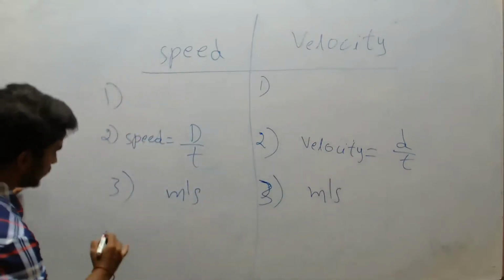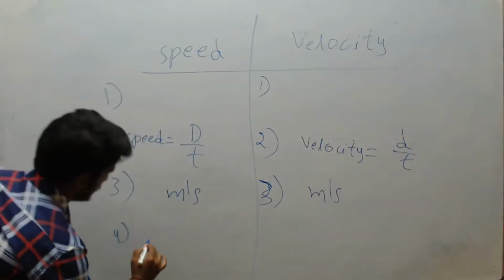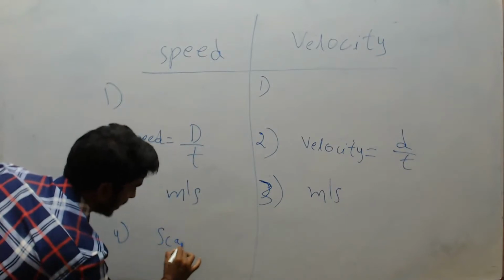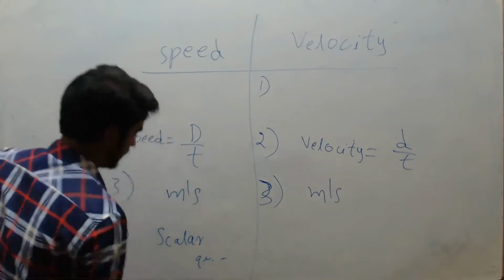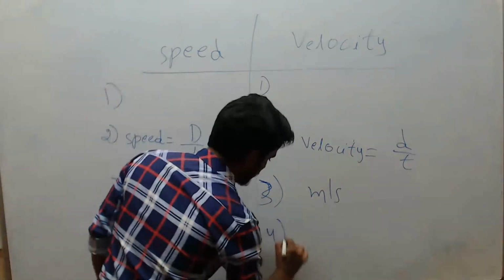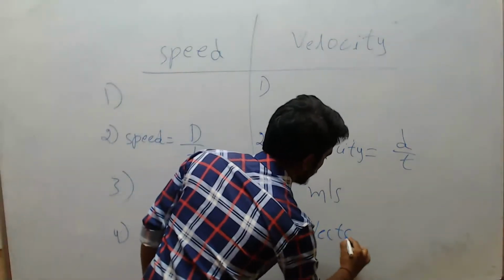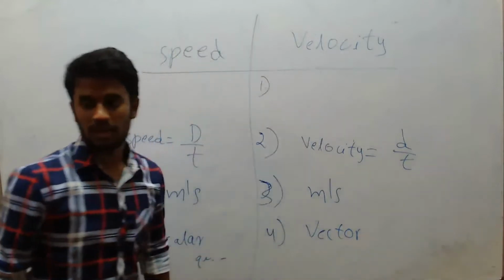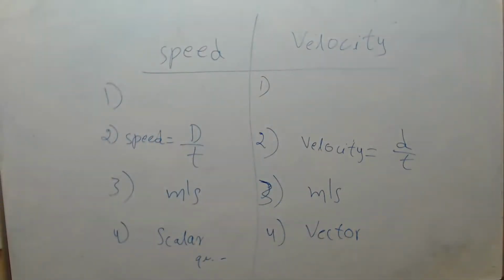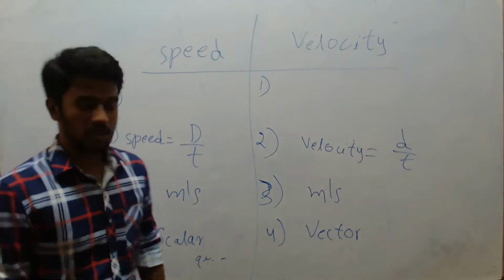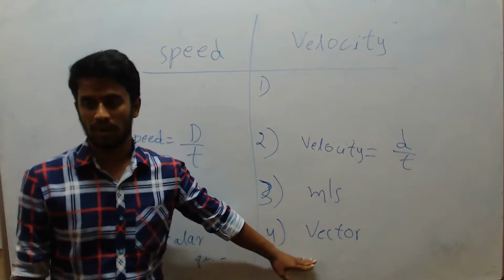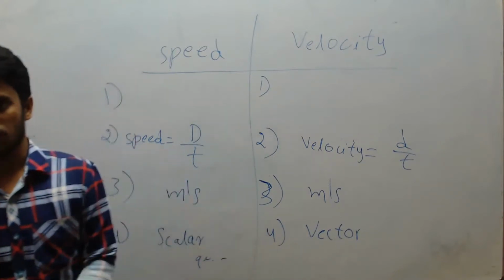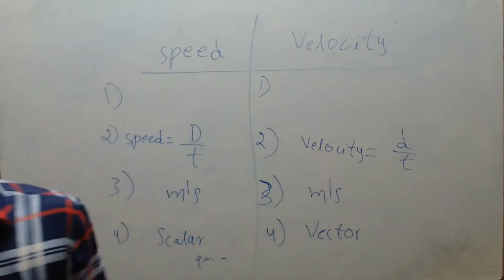So speed is a scalar quantity, and velocity is a vector quantity. Tomorrow we'll study what scalar and vector quantities are. Okay, I will stop here. Tomorrow I will continue the class. Thank you.